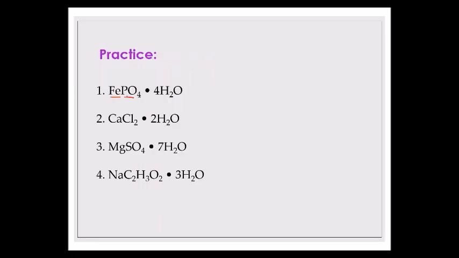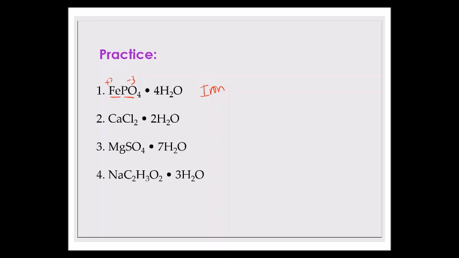Here, looking at this first one, what's Fe? What's that name? Iron. Now, is iron a transition metal? Does it need a Roman numeral? Yes, okay, and this is phosphate here. So phosphate's -3 if you look it up on the polyatomic ion list.